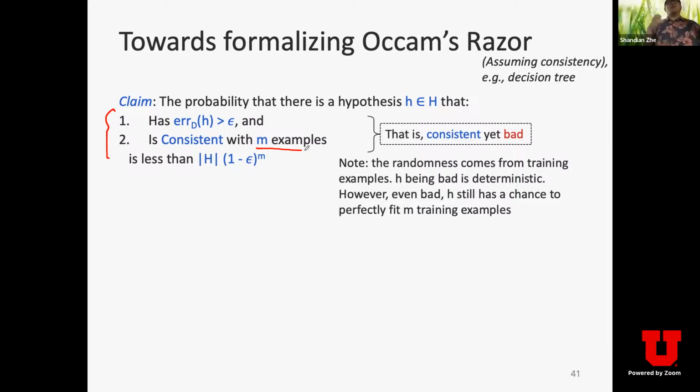Obviously for some training sets, I can find a hypothesis whose generalization error is less than epsilon. Some training sets will leave my learning inferior: it finds some hypothesis whose true error is bigger than epsilon. So this is a random event, and the probability of this random event we claim to be less than this bound.